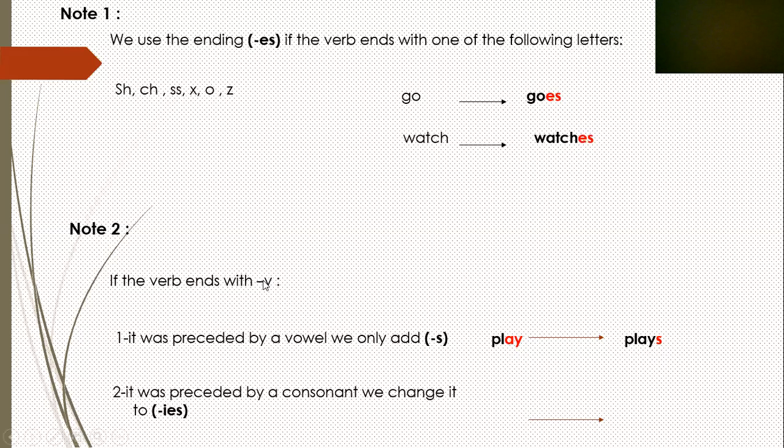But if the Y was preceded by a consonant, the consonants being all the letters except the vowels, we change the Y into I, then we add ES. Study: is the D a vowel? No, it's a consonant. So we change the Y into IES.